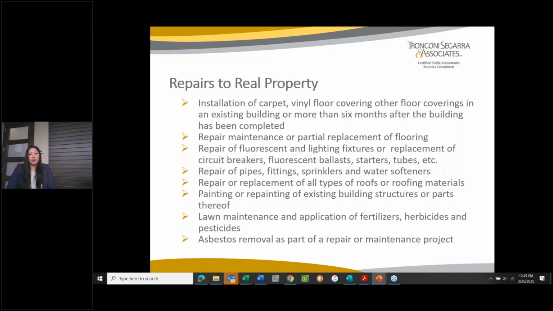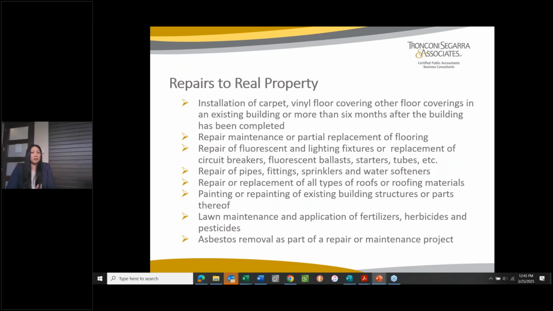And then repair of pipes, sprinklers, plumbing, anything that is like a small replacement of a piece of tubing or something like that that wouldn't be replacing an entire section would be considered a taxable repair job.